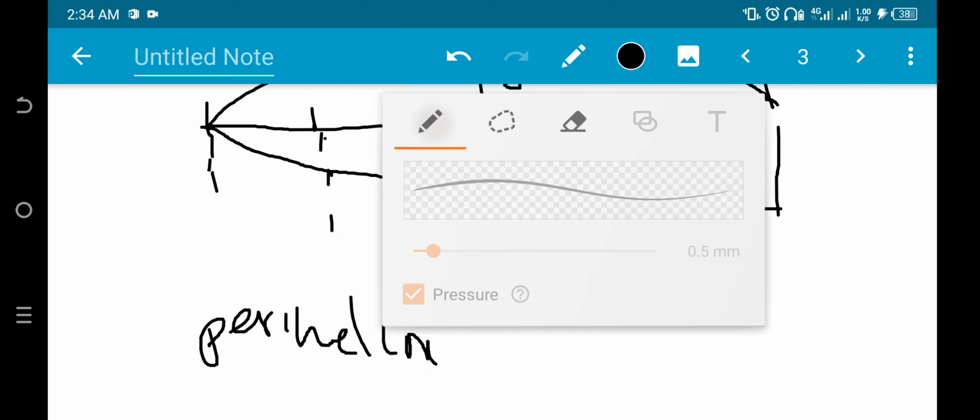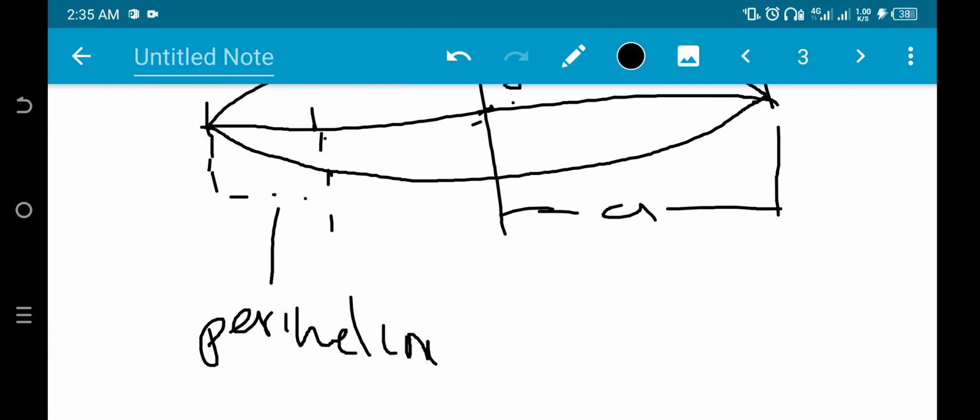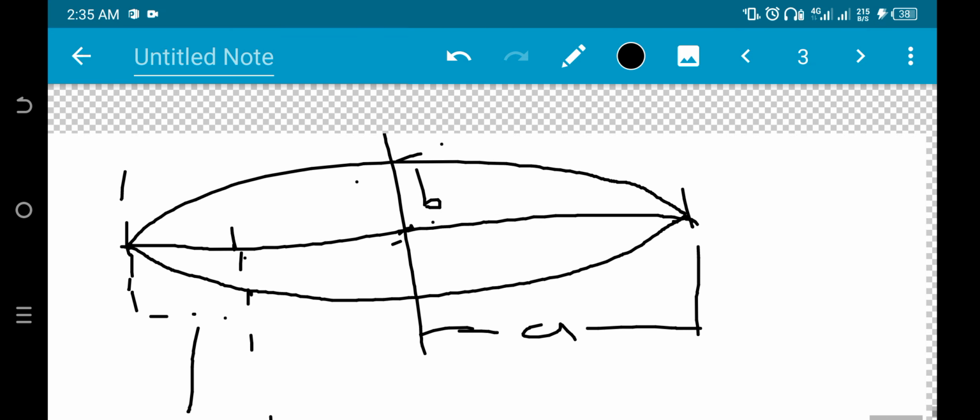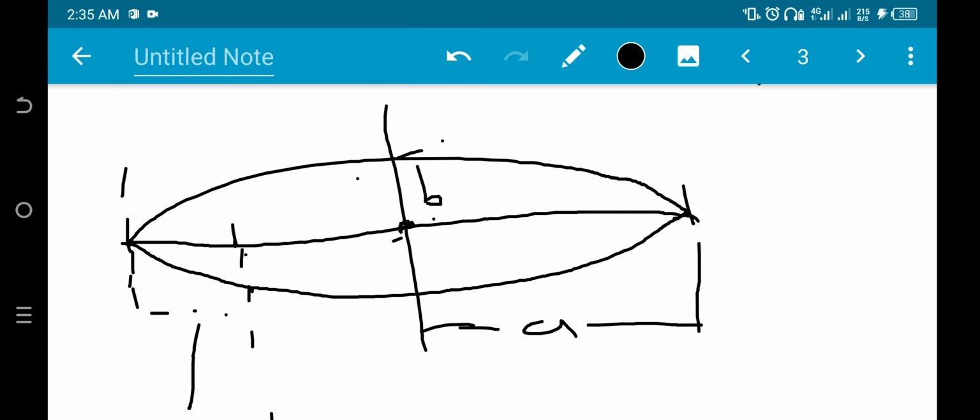This distance here is perihelion, but the distance from the center to the fork, the distance we have here, is C. So the distance from the center to the fork is C.